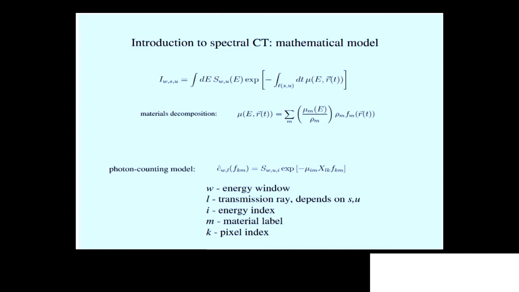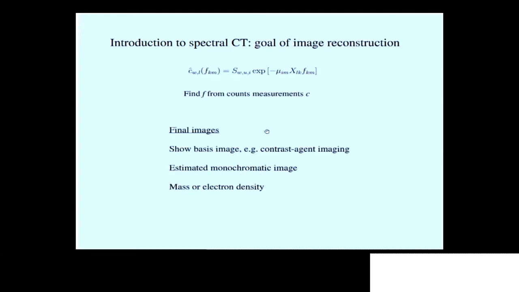And we have a spectral sensitivity. I haven't put all the summations in there, just to make it clear. But the sum over i does the energy summation, k does the projection, and the sum over m is a materials expansion. Here's the list of all the indices: w is energy, l is transmission rate, i is energy index, materials, and pixel. All right?